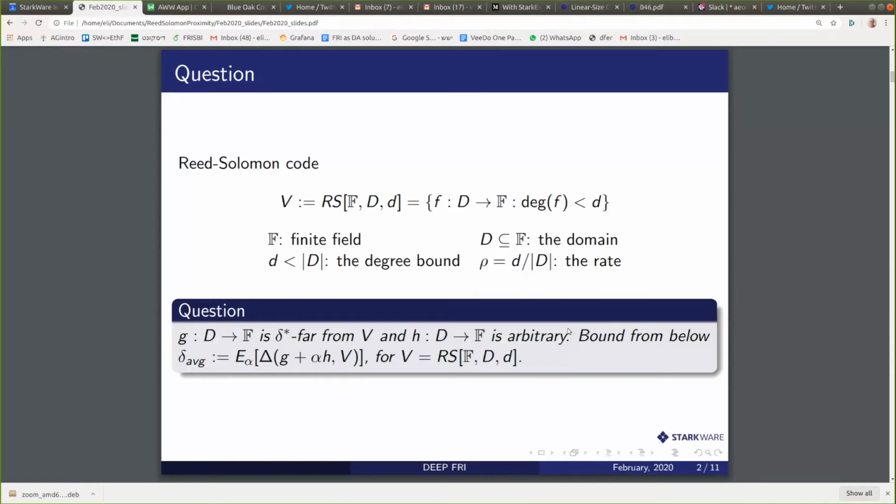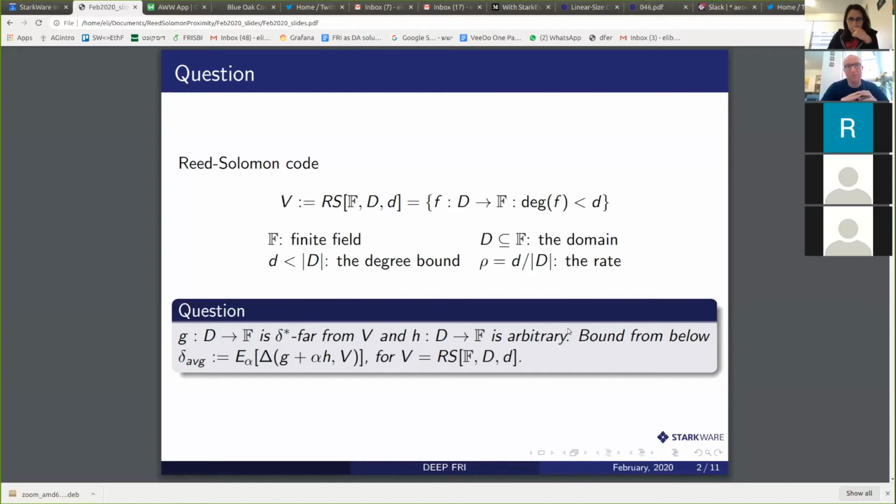When we say that G is delta star far from V, what we mean mathematically is that delta star is the minimal fraction of the entries of G, thinking of it as an array or a table, that you need to change in order to convert G into something that belongs to V. So it's called the relative Hamming distance.